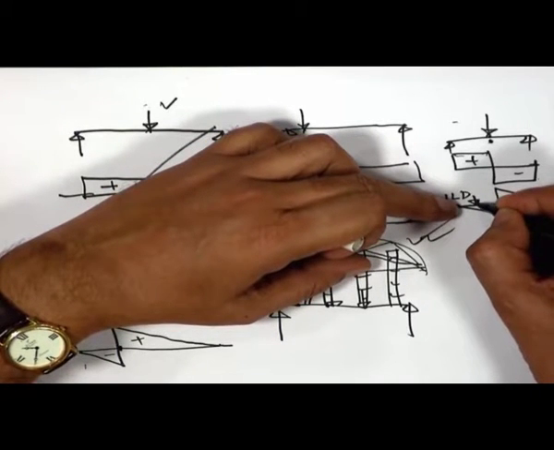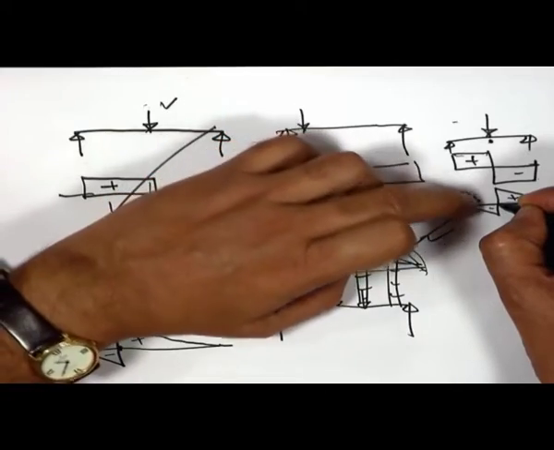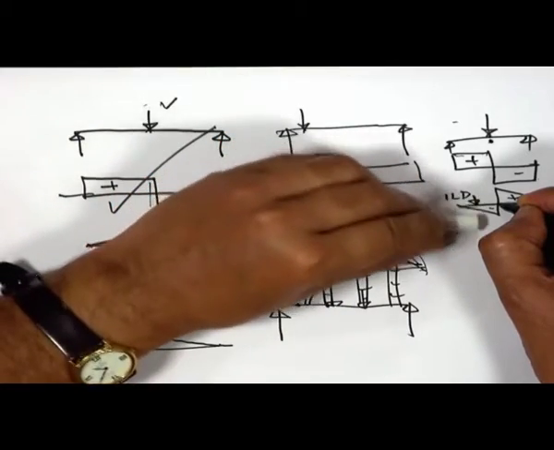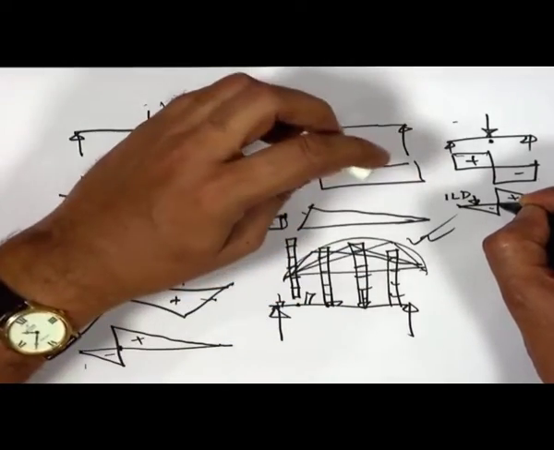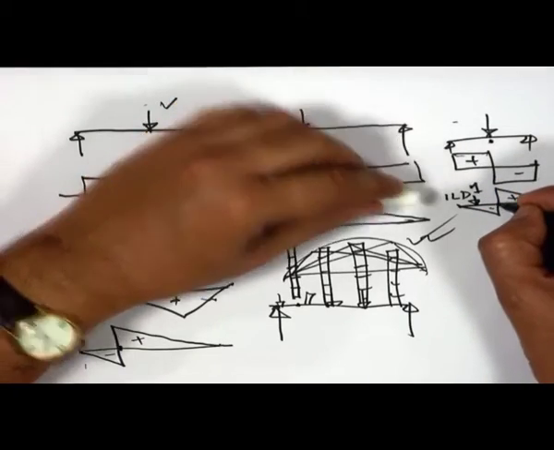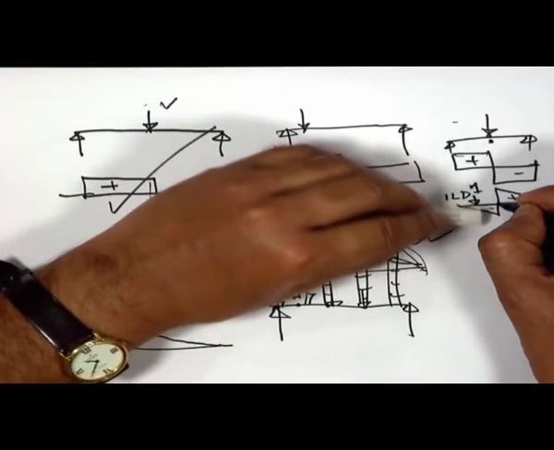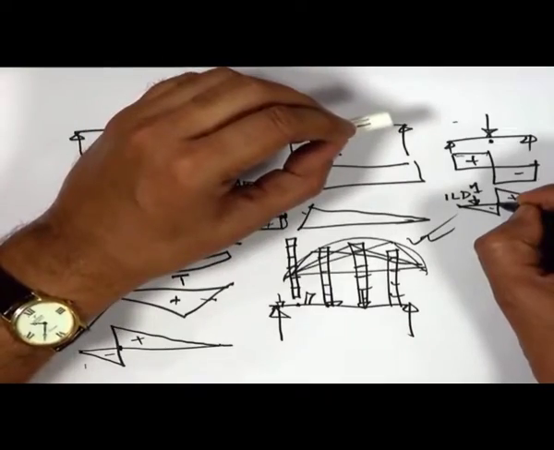If my load is here, the shear force here is plotted with a unit force. When it moves, the shear force is indicated here. That means I am always sitting here. This is probably the source of confusion for students.